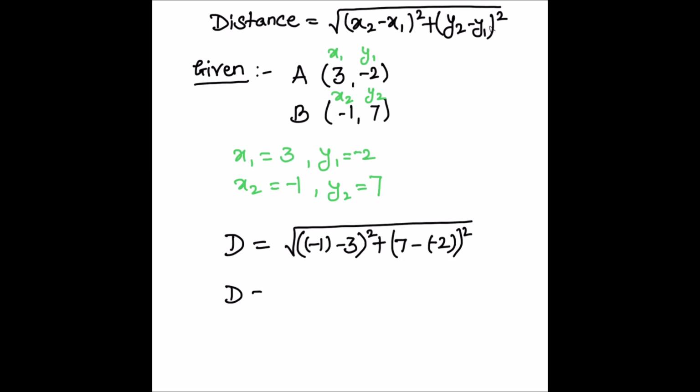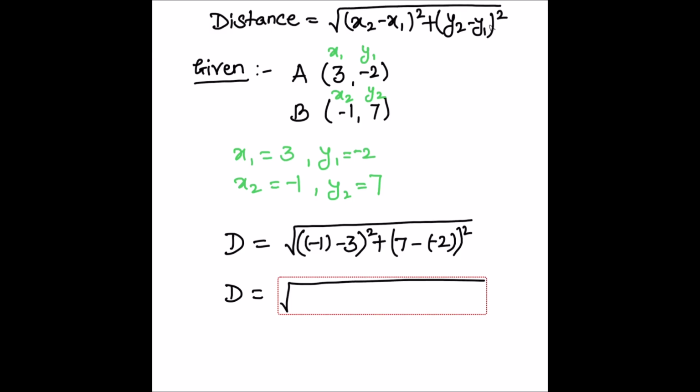Let's solve this. So d equals square root of negative 1 minus 3, which will be negative 4. So that's negative 4 whole square plus, since there are two negative signs, this will be plus, so 7 plus 2 whole square.